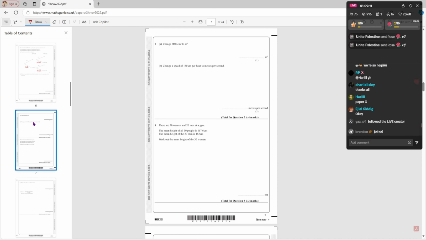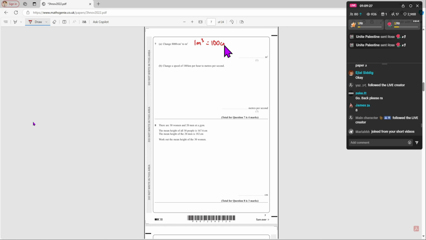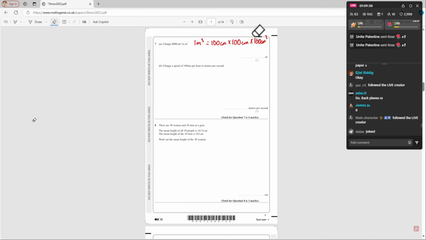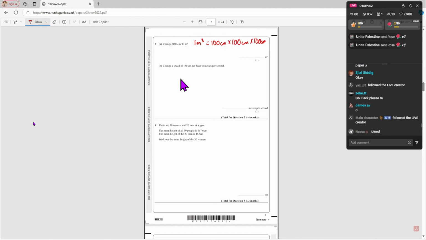Now, what we need to do, we know that 1 meter cubed is equal to 100 centimeters times 100 centimeters times 100 centimeters. That is what 1 meter cubed is equal to, okay? You write this over here: 1 meter cubed is equal to 100 centimeters times 100 centimeters times 100 centimeters.